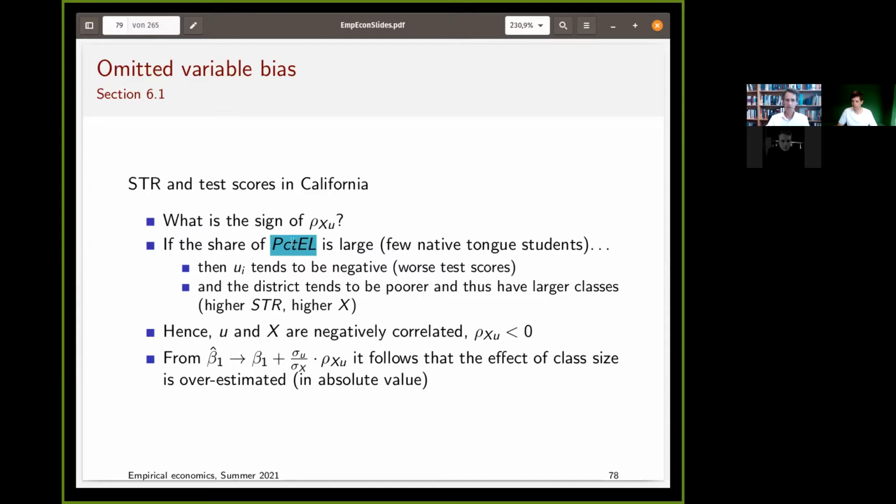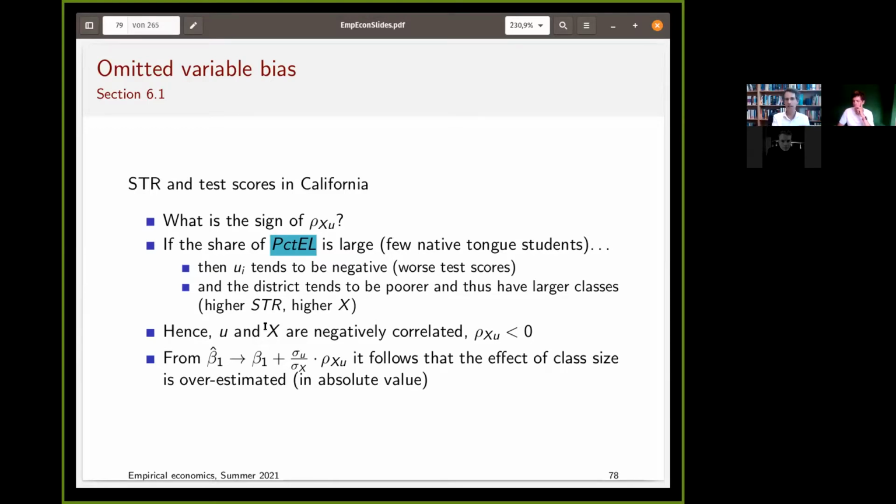And therefore, if PCTEL is large, then the u tends to be negative and the classes tend to be large, so positive. And therefore, there's a negative relationship between the error term and the regressor. So if we look at districts where PCTEL is large, then we have a small error term and large classes, not always, but on average.